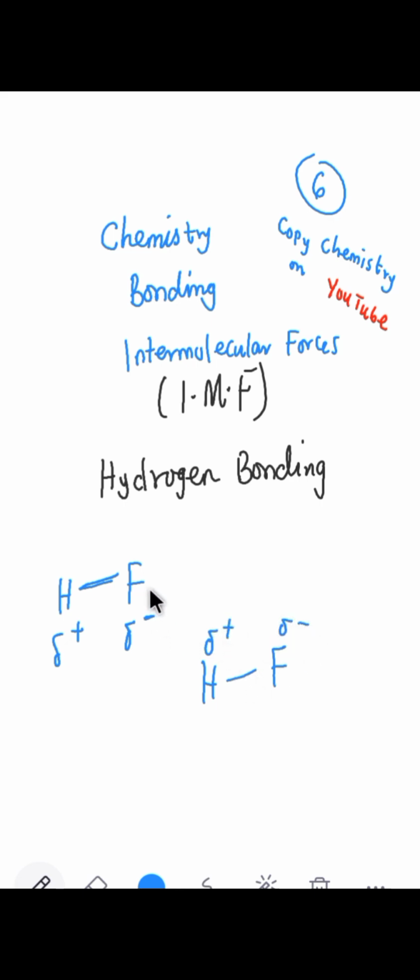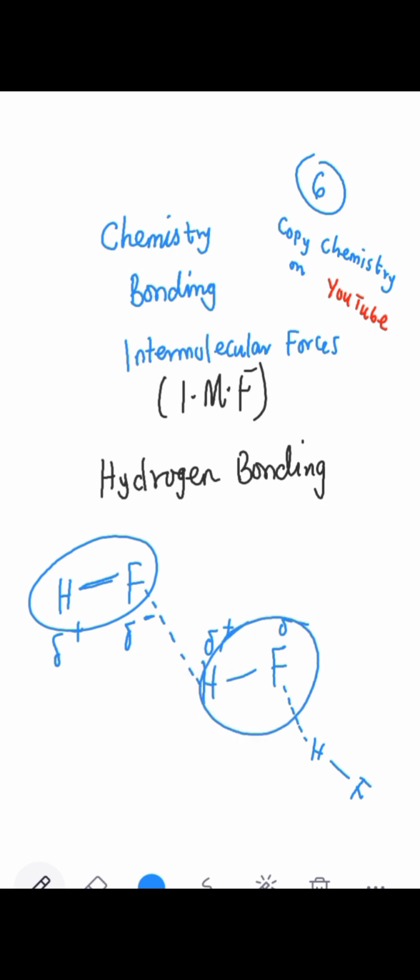Your fluorine here, which is partial negative, can attract the hydrogen here, which is partially positive, such that it generates this bond here, and that's what we call the hydrogen bond. So you could continue, have another HF again, and what could happen? A hydrogen bond here like that, right? So that is basically how it works. That holds this molecule with this other molecule, and that's what we're talking about.